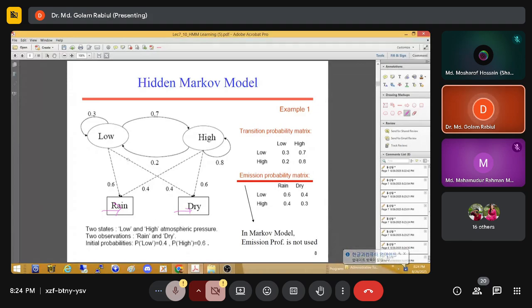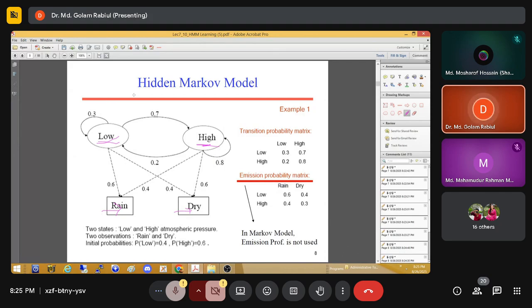But we don't know the atmospheric pressure of that day, whether it is high or low. Those are hidden from us, so we can consider those our hidden states. We can only observe the rainy day or dry day.